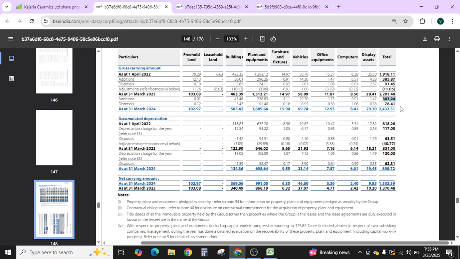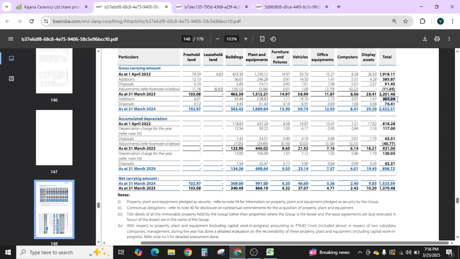Same way we can find it for 2025, 2023, 2022. So this is one of the things from which we can understand how to see the capex and where they are doing the most capex. Generally, because it is a manufacturing company, building and plant and machinery will have more and more capex.